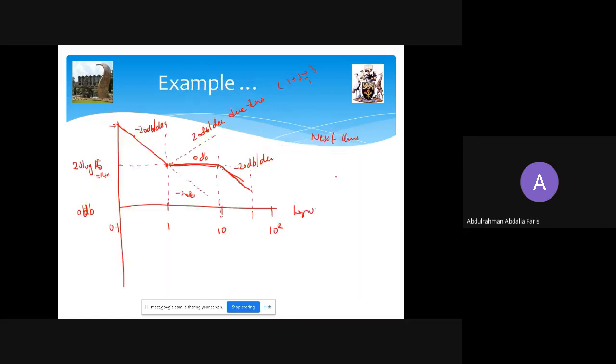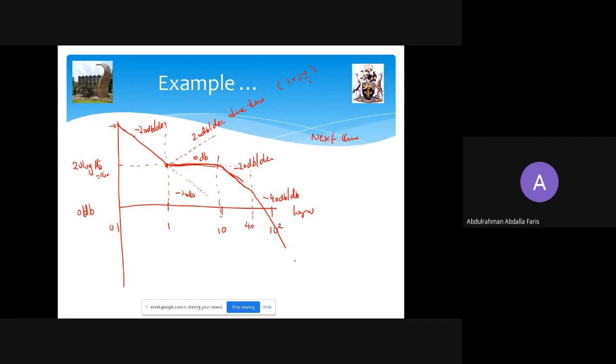So minus 20 dB due to a pole at 40, and minus 20 dB due to a pole at 10. Minus 20 plus minus 20 is minus 40 dB per decade.